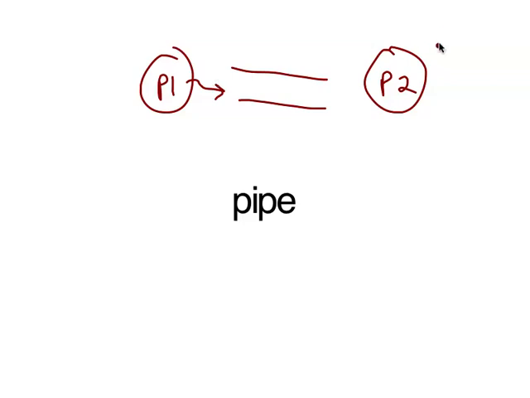And as it is writing, the other process can read from the pipe as if it is reading from a normal file. So as P1 is writing, P2 is reading, and P2 will read whatever P1 is writing. So a pipe basically is a conduit or a channel for communication between two processes.